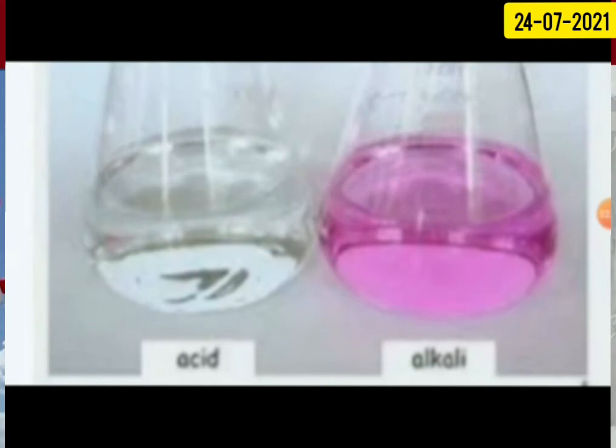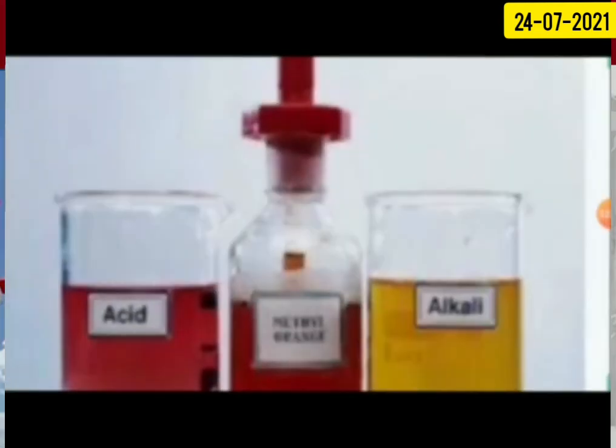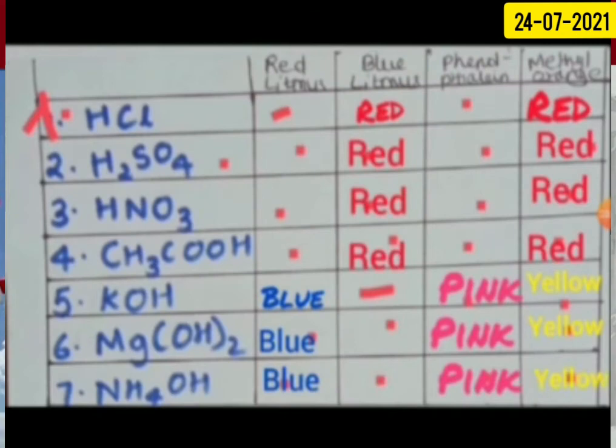In an acidic solution, phenolphthalein remains colorless, and in a basic solution the phenolphthalein turns pink. This is methyl orange. In an acidic solution, methyl orange is red, and in a basic solution it will be yellow.